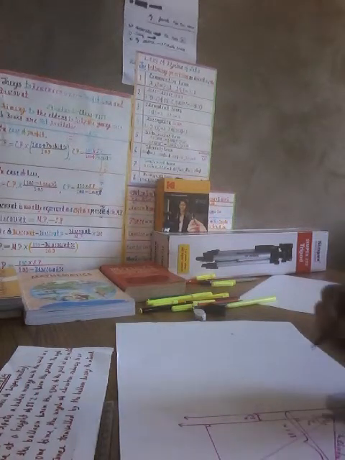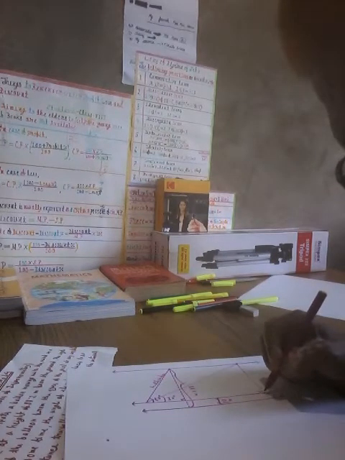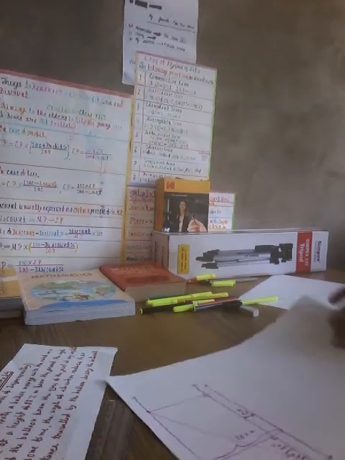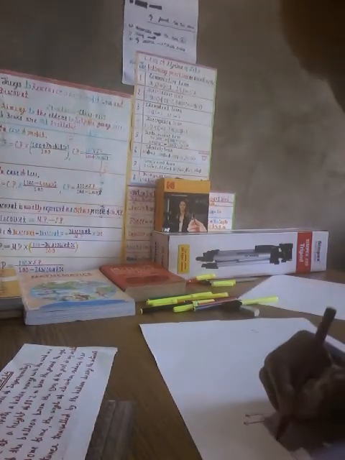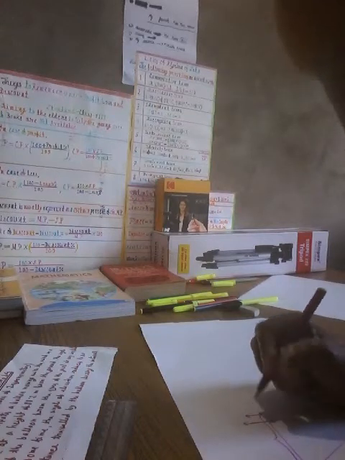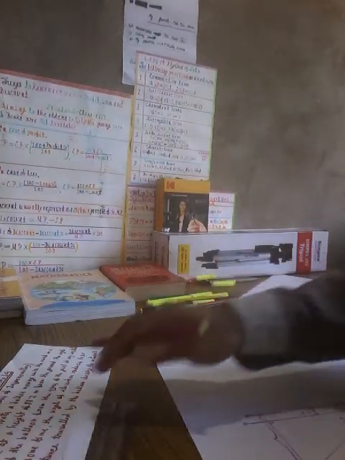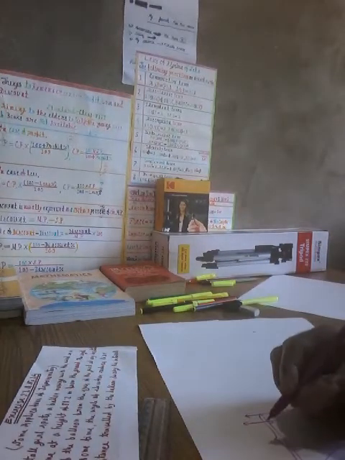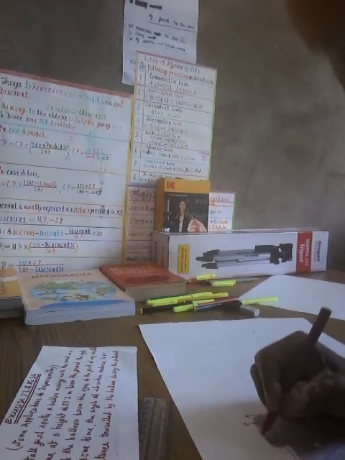In this same manner, if you continue this line, then also the distance from the second instant point of the balloon to the ground level is, according to the question, 88.2 meter.